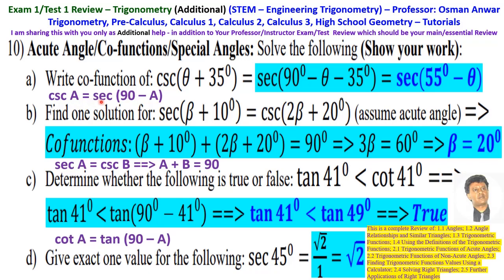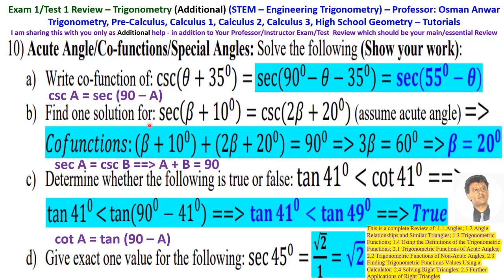So if theta plus 35 degree is A, then cosec theta plus 35 degree is equal to sec 90 minus theta minus 35 degree, which is sec 55 degree minus theta.